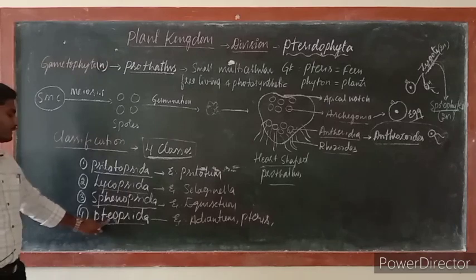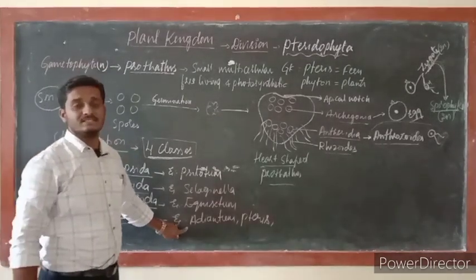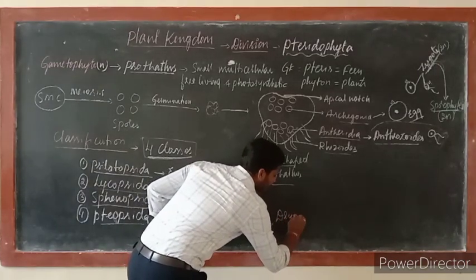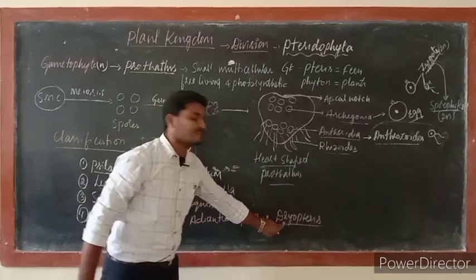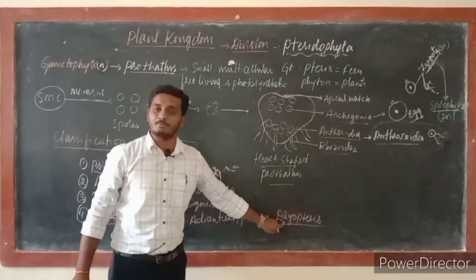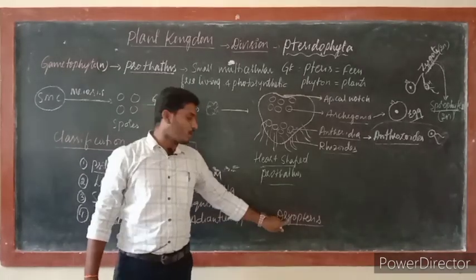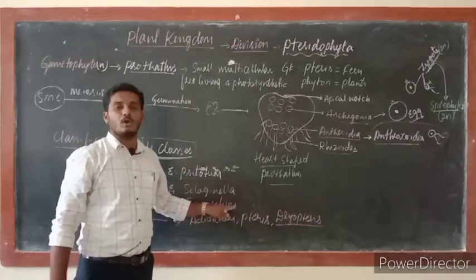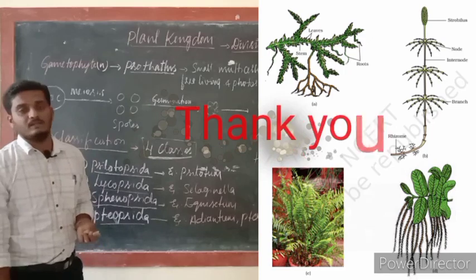And the fourth class is Pteropsida, example Adiantum, Pteris, Dryopteris. We are going to learn Dryopteris in the first few practicals. Dryopteris is also called silver fern, and Equisetum is also called horse tail. You can find some of the examples on the board.